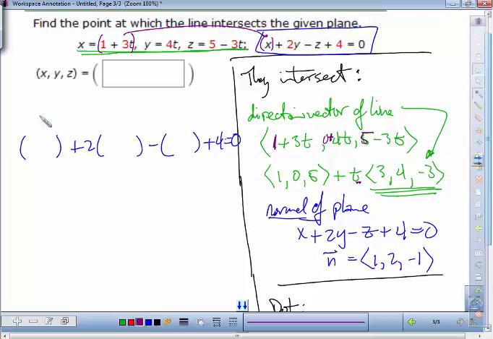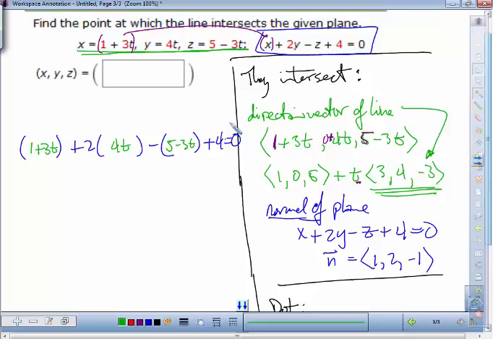So we're going to take our line equation, which is 1 plus 3t in the x, and so we'll replace the x value for that. And then the y, 2 times y is equal to 4t. We'll replace the y with that. And then the z, minus z here is 5 minus 3t. And then we have that plus 4, that constant, so we'll just leave it there.